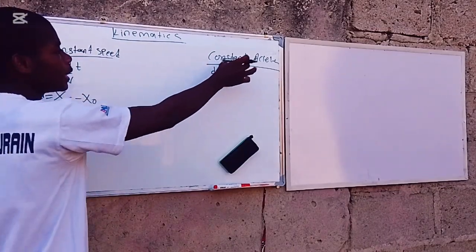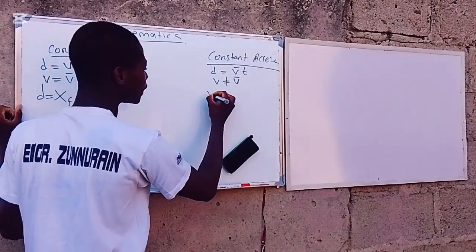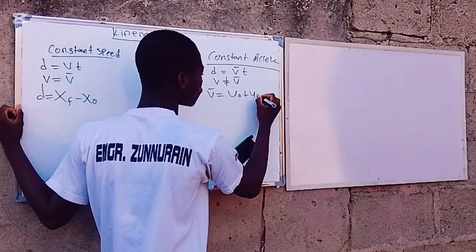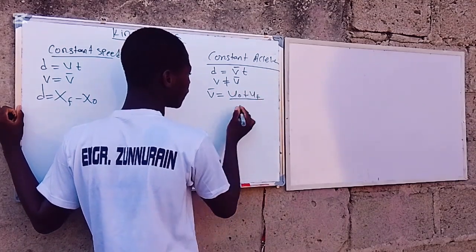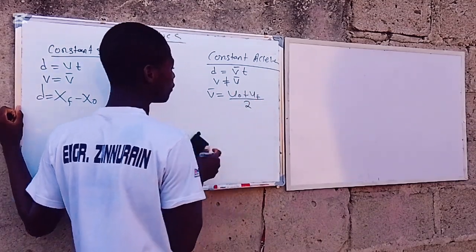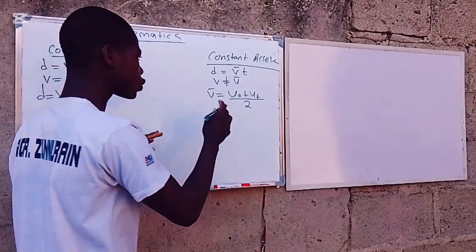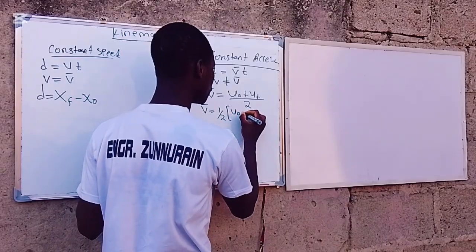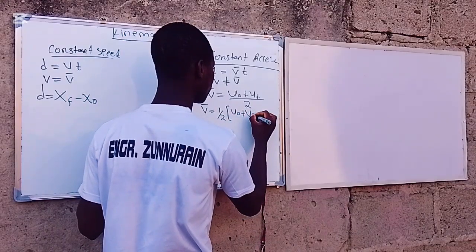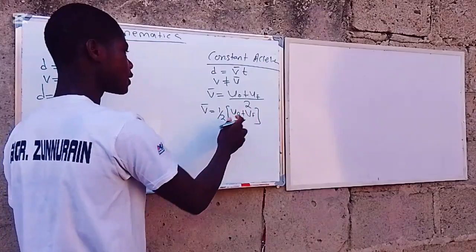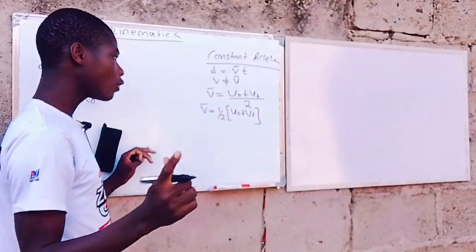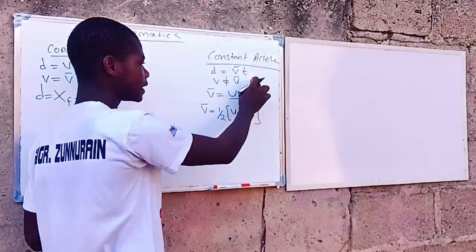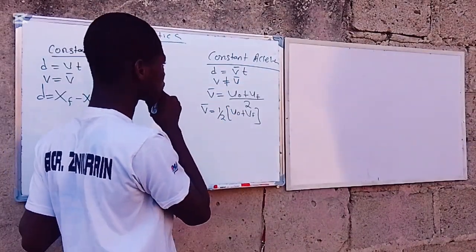But in constant acceleration the average velocity is equal to v naught plus v final, divided by 2. So this is the same thing as saying a half multiplied by v naught plus the final velocity. And you have to take note that we say the distance is the same thing as v and t, so I have to substitute.